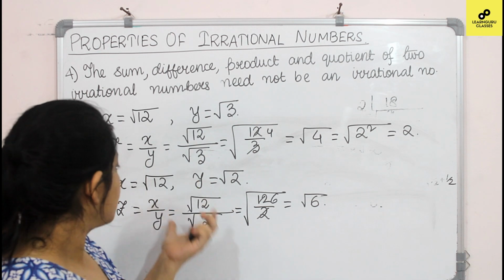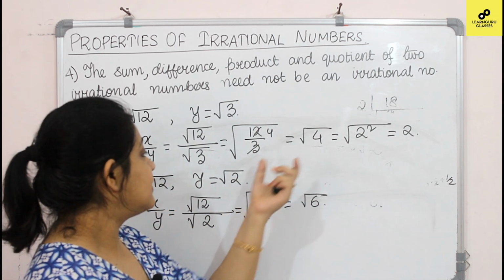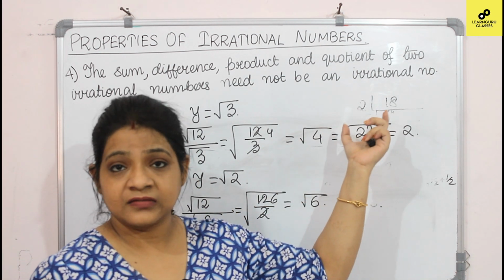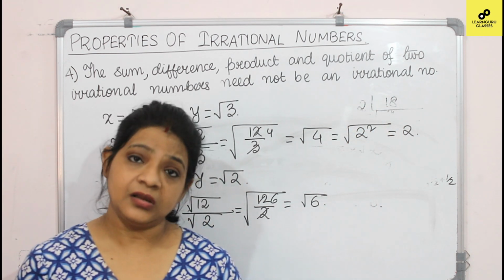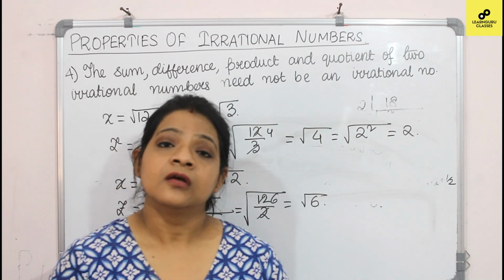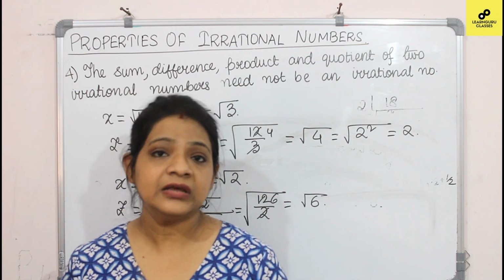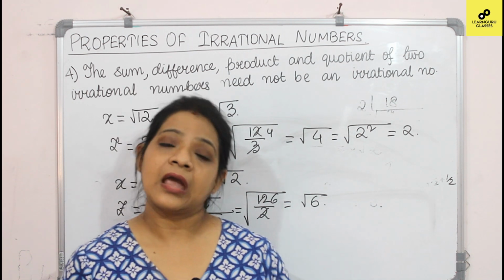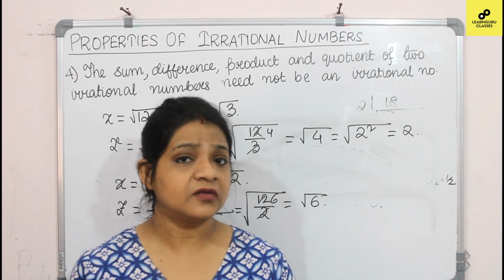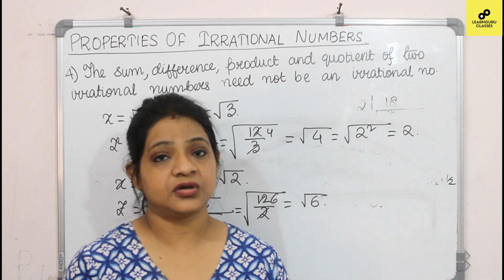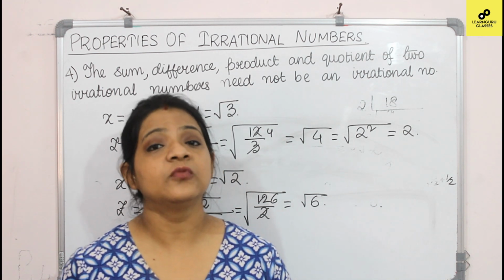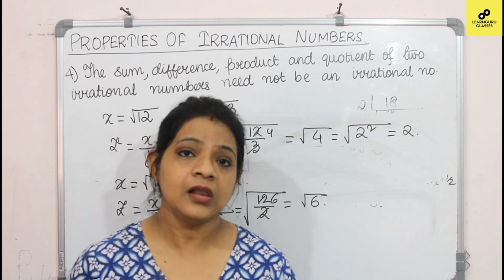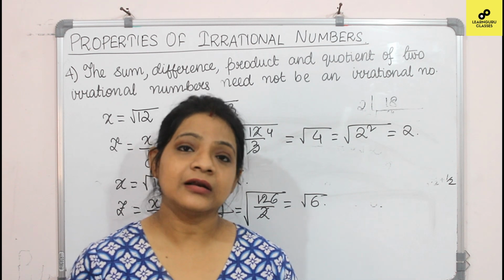Similarly for the division, if you get a perfect square as the quotient, that will also be a rational number. Okay, so I think these properties are clear to you. Again, it will be more clear when we solve sums based on irrational numbers. So next class we will solve some numericals based on irrational numbers. So I am ending the class here.